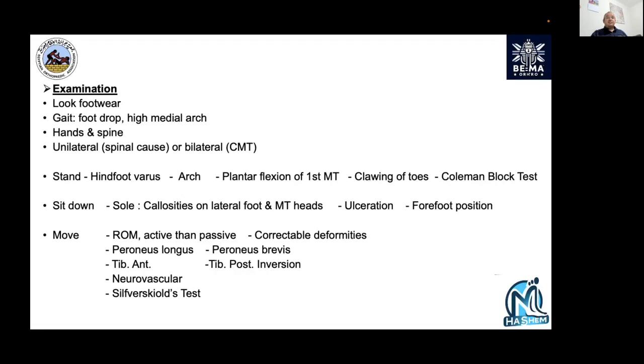As we understand, muscle imbalance is one of the main causes of how Pes Cavus happens, so we need to comment on each tendon and how we examine it, as we agreed before. We need to examine peroneus longus, tibialis anterior, tibialis posterior, and peroneus brevis. You definitely need to do a thorough neurovascular examination, and the Silfverskiöld test is very useful to check if the patient has tightness in the Achilles or a gastrocnemius contracture.